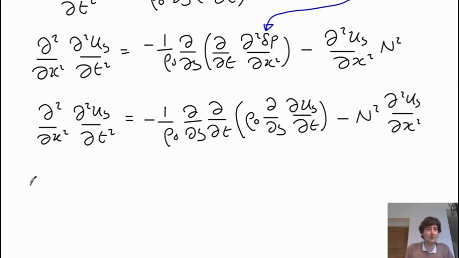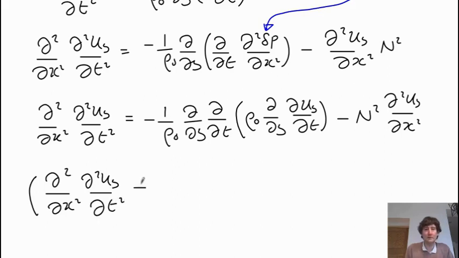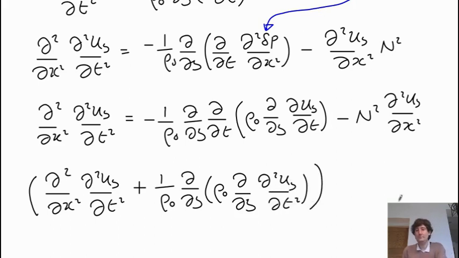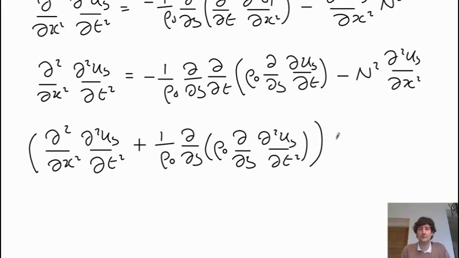So what we have is a d2 by dx squared of d2 uy by dt squared, plus a 1 over rho naught, and then here we have a d by dy of rho naught d by dy of d2 uy by dt squared. And then equals minus n squared d2 uy by dx squared.